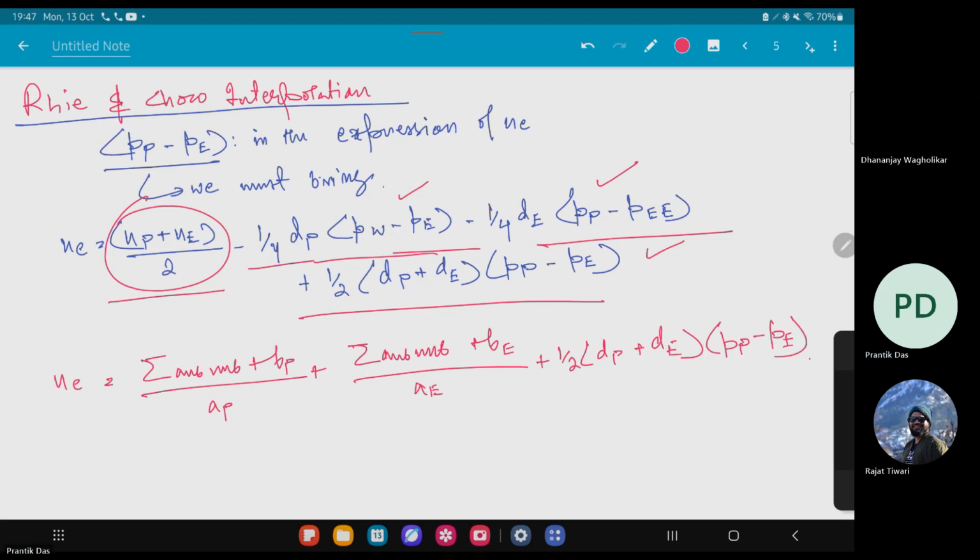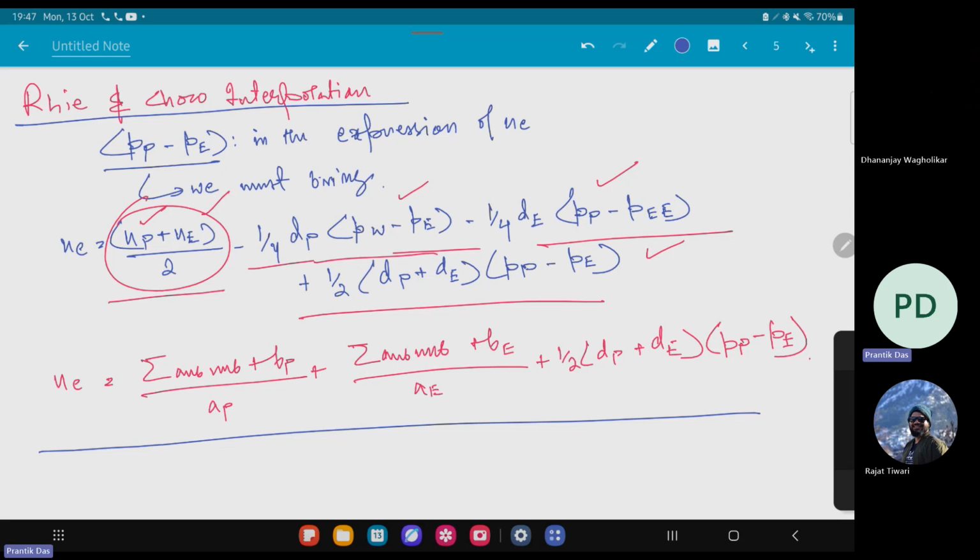Okay, so typically what we are doing is putting the values of e and e here, alongside this pw pp all the terms itself, and after expanding we actually get this term, since this up and ev are given in the previous slide itself. So by putting the values here we actually get this equation.